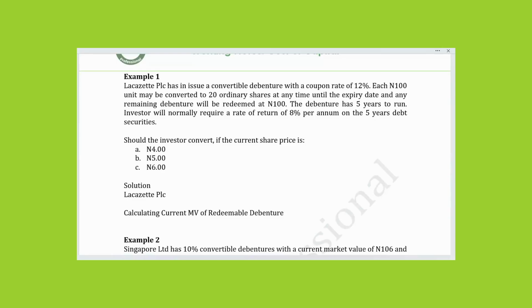Anytime you want to calculate market value of redeemable debts, it is calculated as the present value of future cash flows discounted at the yield or rate of return on the debts. We have redeemable debenture. What is the market value? To get the market value, you calculate the present value of the fixed interest. Then you also calculate present value of the redemption value. That will give you the current market value.